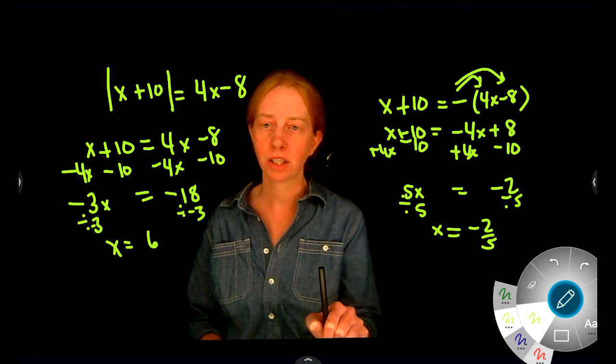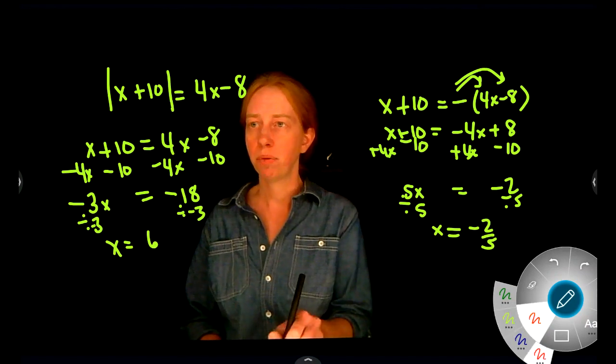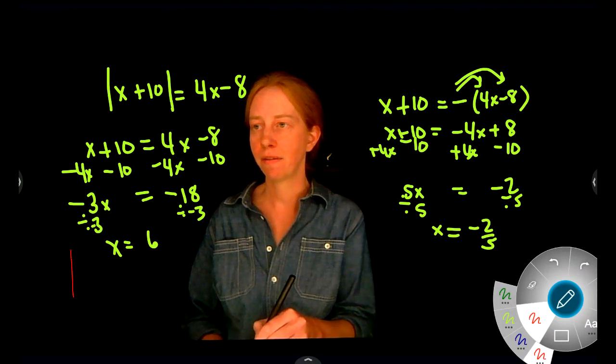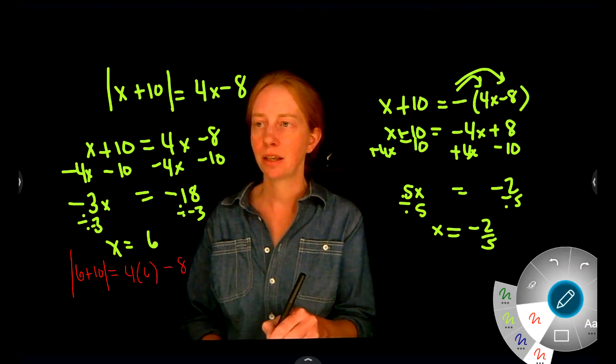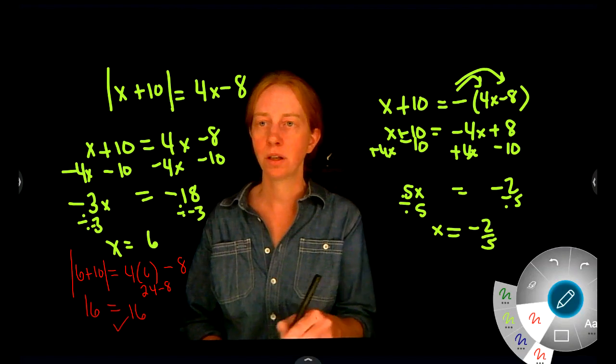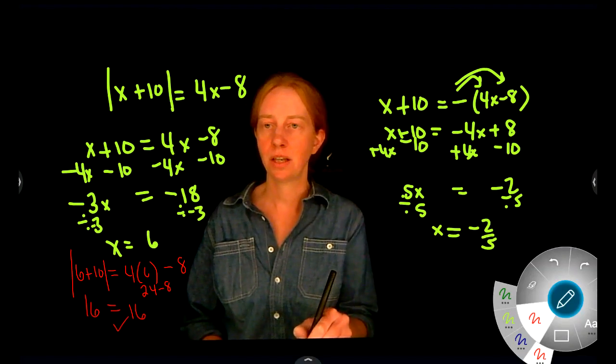So what we're going to do, I'm going to change the red pen, and we're going to plug all this in and check it. So we have 6 plus 10 equals 4 times 6 minus 8. So over here, 16 equals 4 times 6 is 24. Minus 8, that is also 16, so that one works. Let's go ahead and do this with this negative 2/5.